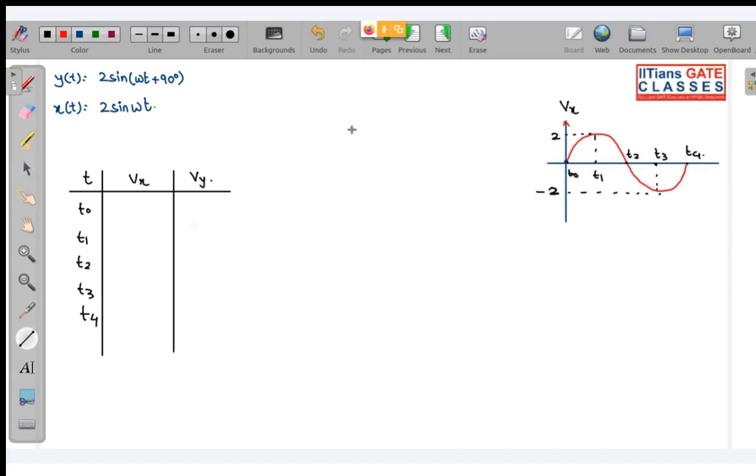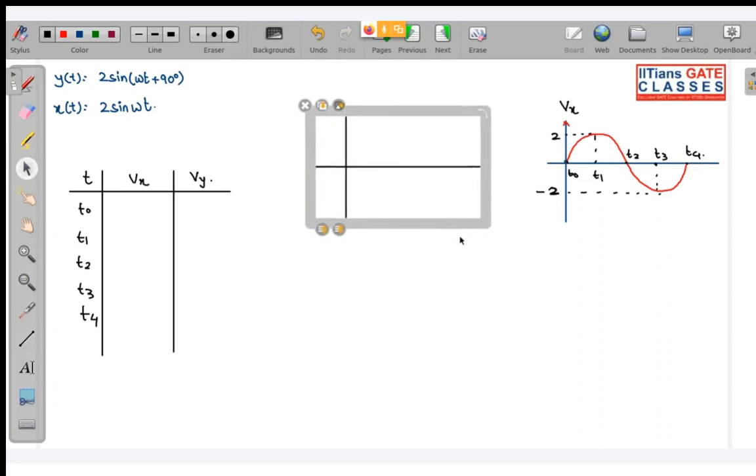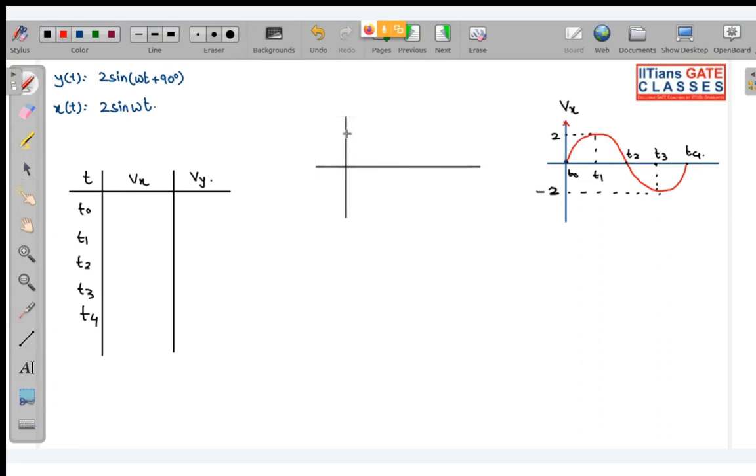Vy will look something like this. So this is T0, this is T1, this is T2, this is T3, this is T4. Okay, both the signals have the same amplitude.